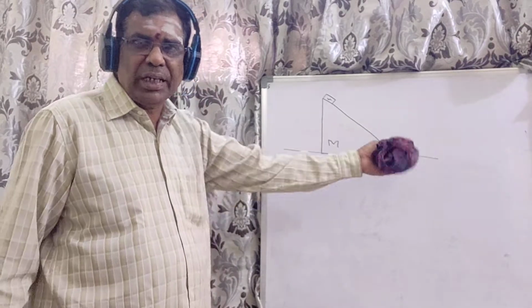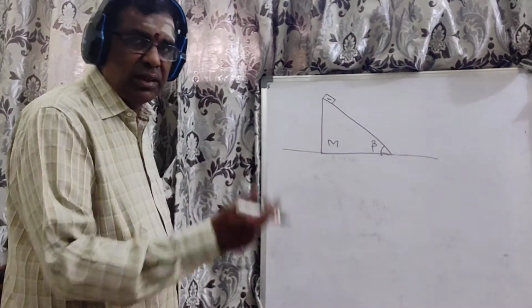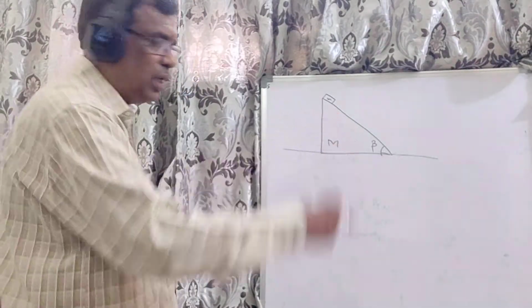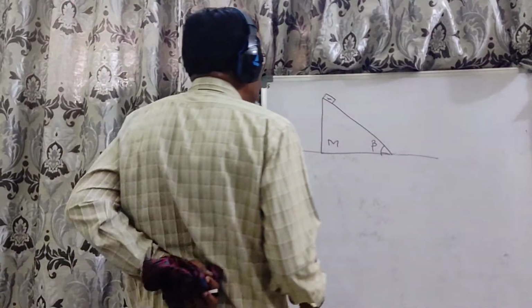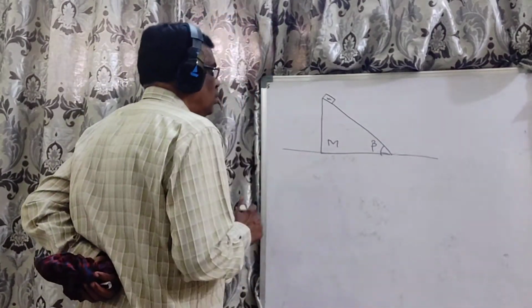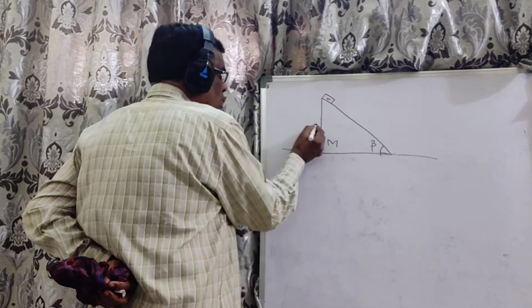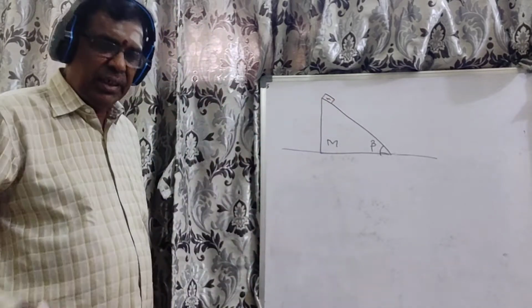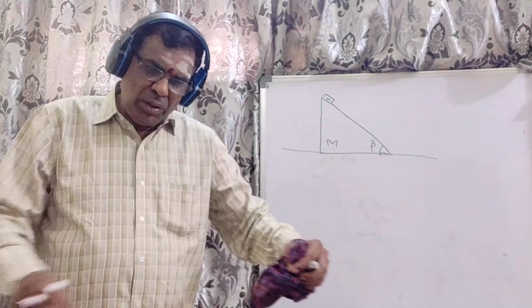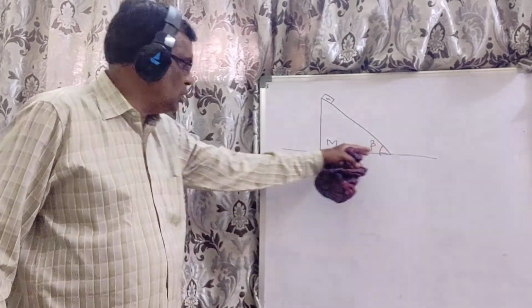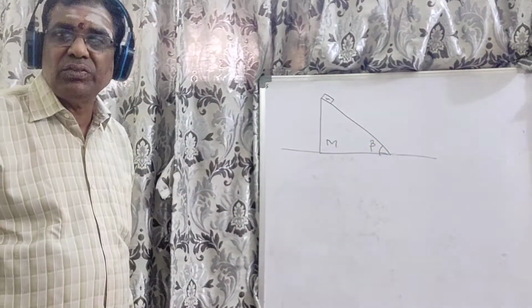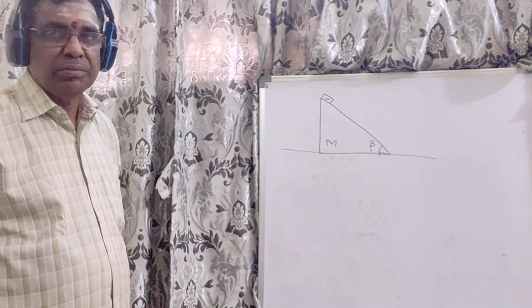I took beta there, so be careful; use beta only instead of theta. Now, supposing, look at that. As this body moves, the inclined surface starts moving backwards. It presses it. Because there is nothing to oppose it, this inclined surface will move backwards.